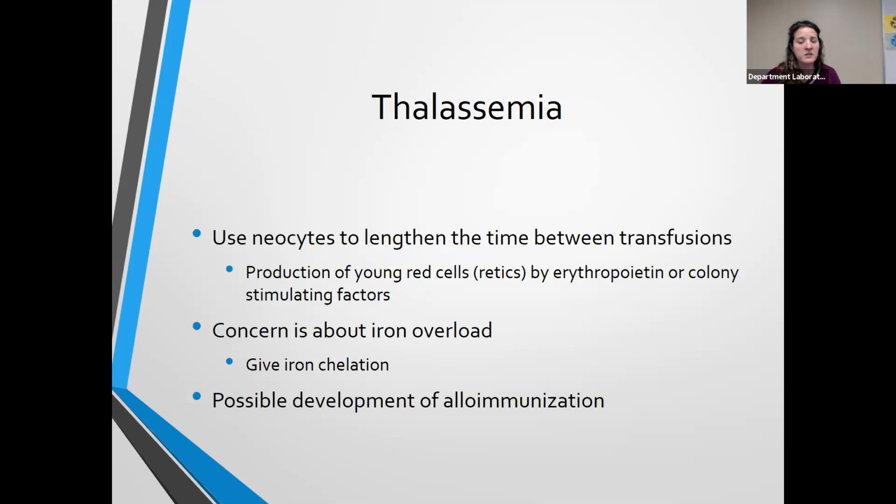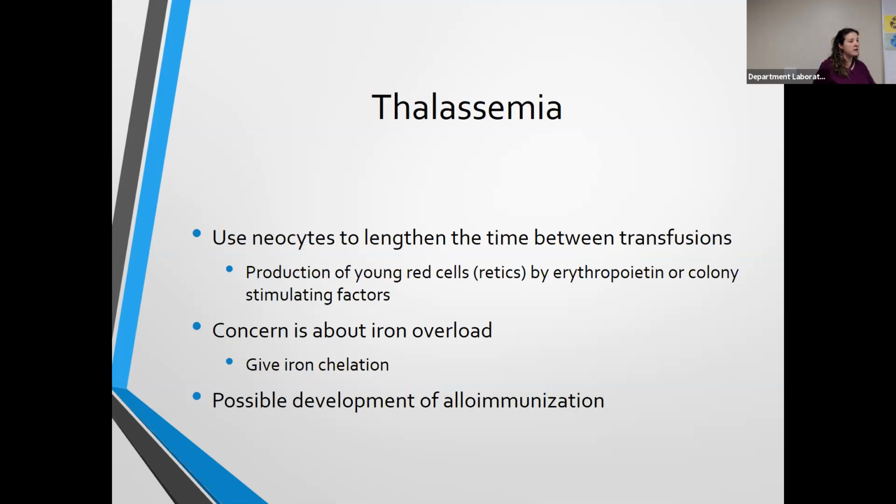Your thalassemia patients will also receive a lot of transfusions. A new therapy that has recently been introduced for these patients is to use neocytes. Your donor is given a colony stimulating factor, which might be erythropoietin, to stimulate the release of new cells from the bone marrow, and then they will donate.